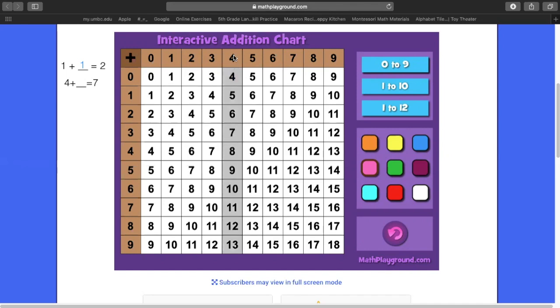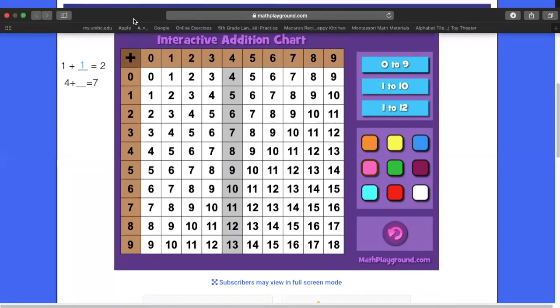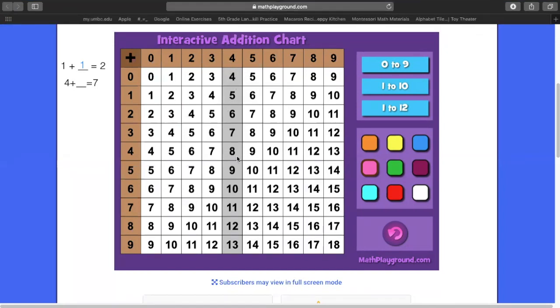So draw a line with your finger or your pencil all the way down the number 4. And Grace, I'm going to need your help when you're done. Can you look at the camera when you're finished? Okay. Underneath of the number 4, we have to find our answer.